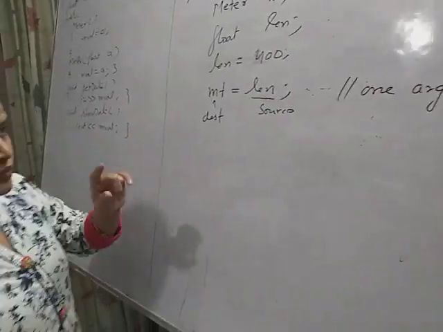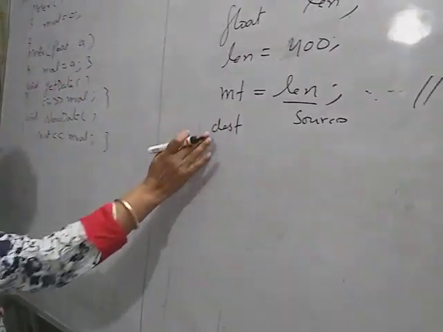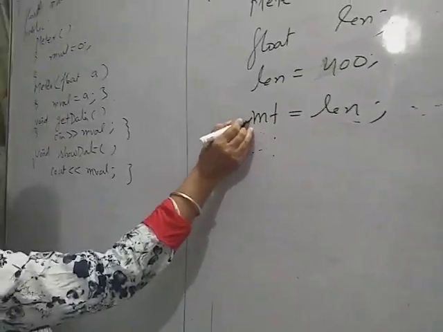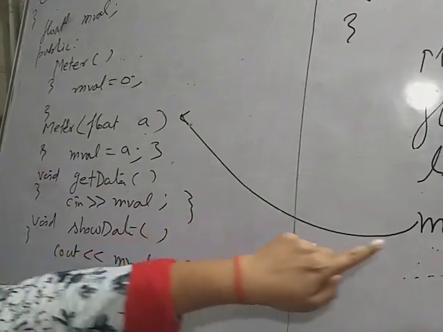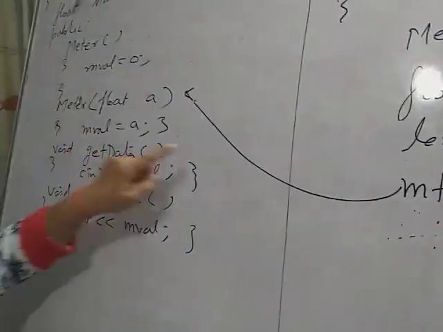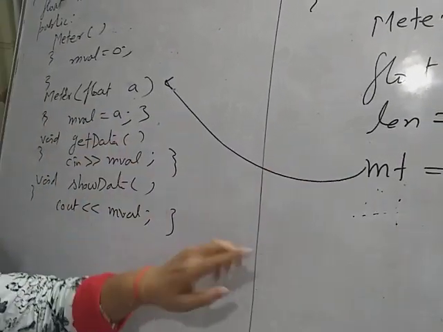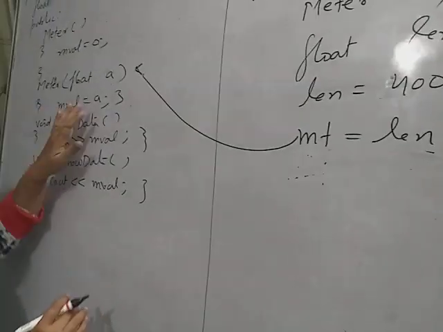So the one argument constructor is called here, this one, and the data member m_val of mt is assigned a. So here just m_val equals a.